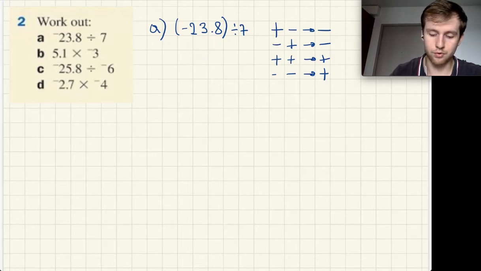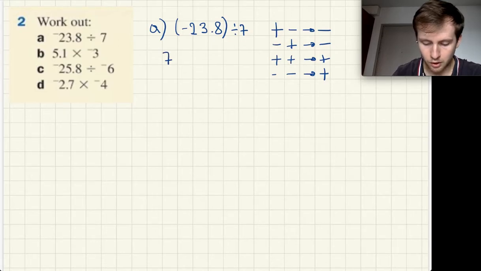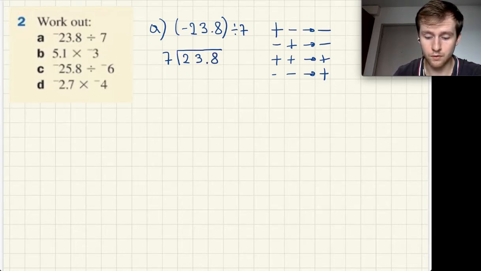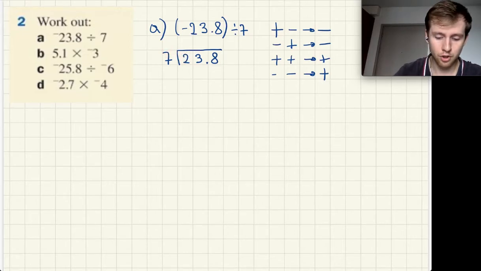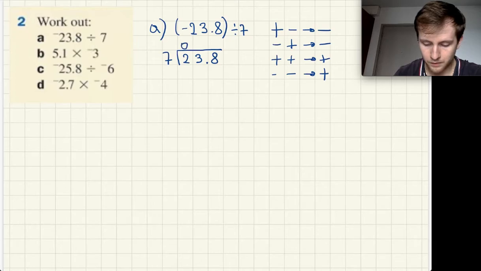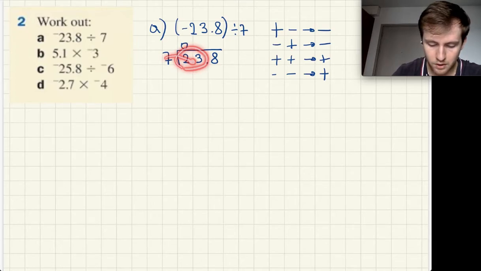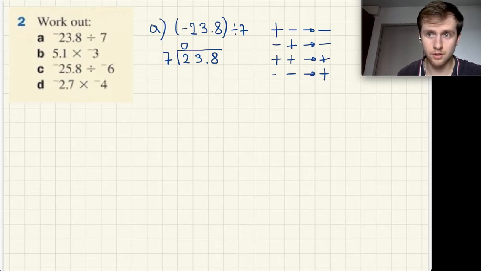Let me show you how to do it. So just a normal long division like this, 23.8. And then we try to fit 7 into this number. So 7 is not going to fit into 2. So we write 0 here. Then we try to fit 7 into 23. 7 is going to fit into 23 actually 3 times.